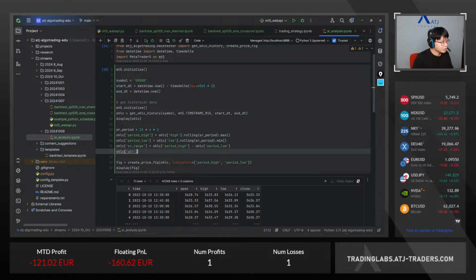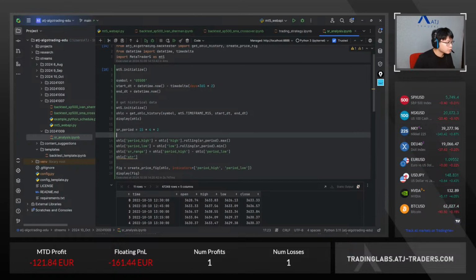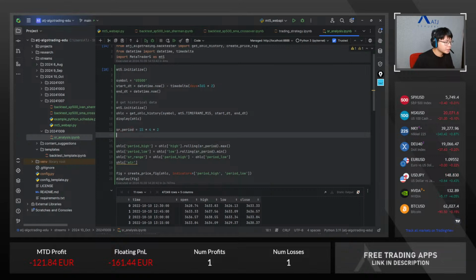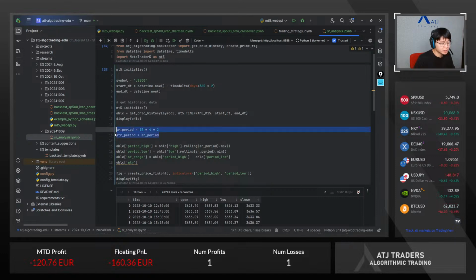So the ATR, and what period of ATR are we using? I think a good way to synchronize the periods is using the SR period and ATR period to be the same. So ATR period, just to clarify, sometimes is 14, which is like a default, and I think it's commonly used by a lot of traders. But in this case, I think I prefer using the same periods both for the SR and ATR.